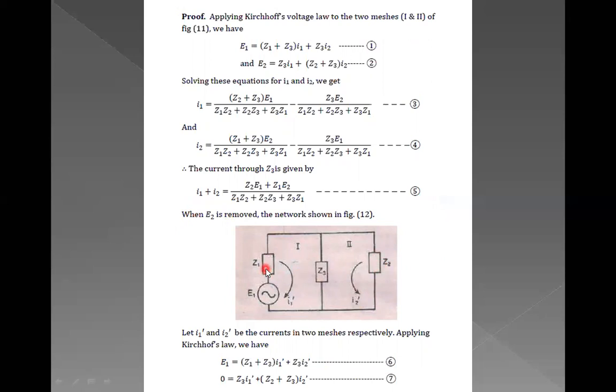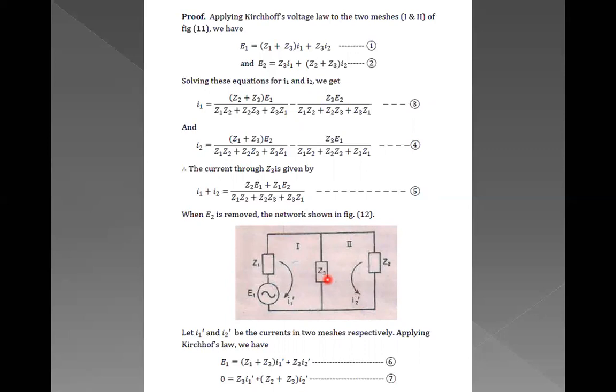So we have Z1, Z2 and Z3, three impedances. What are impedances? Impedance is nothing but the joint effect of resistance and reactance. And what is reactance?